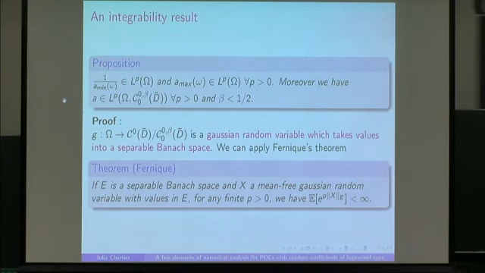This comes from a theorem called Fernique's theorem, which basically, as you all know, says that a Gaussian random variable admits finite moments of order p for any finite p. And this theorem tells you that it's still the case if your random variable takes values in an infinite dimensional space, as long as this space has some topological property.